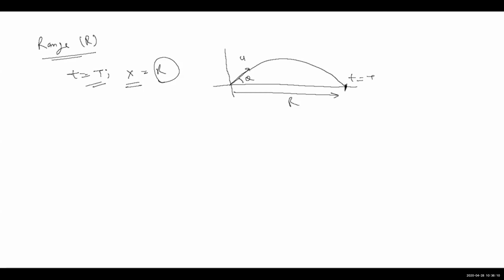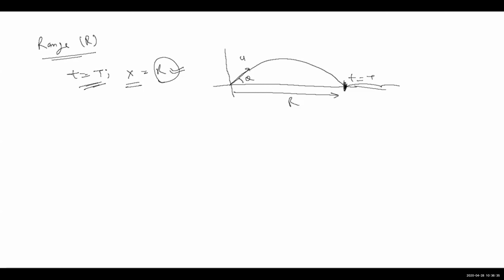Because we are defining range as the point of collision. We are calculating the displacement only when the collision is happening, because after this also the collision will keep on happening. We are not interested in that. The displacement during the first collision. After this much time of flight, the particle is going to collide with the ground, and whatever displacement happens till that time will be defined as the range.